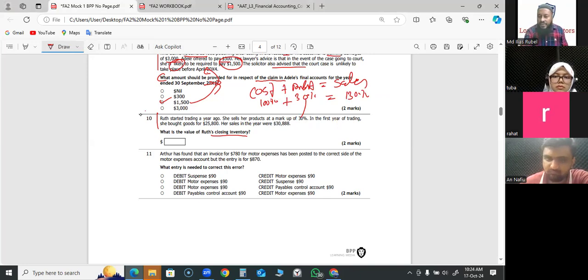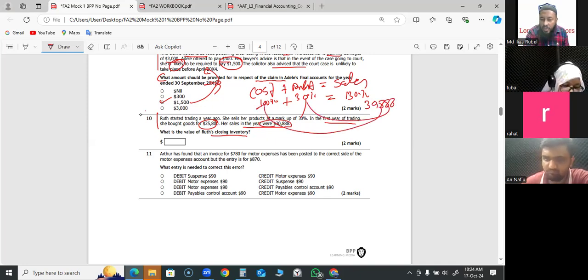In the first year of trading, she bought goods this much and sold goods this much. So sales is 30,888. I am basically looking for the cost price of it. 30,888 represents 130%, and you have to find out how much is the 100% of it.